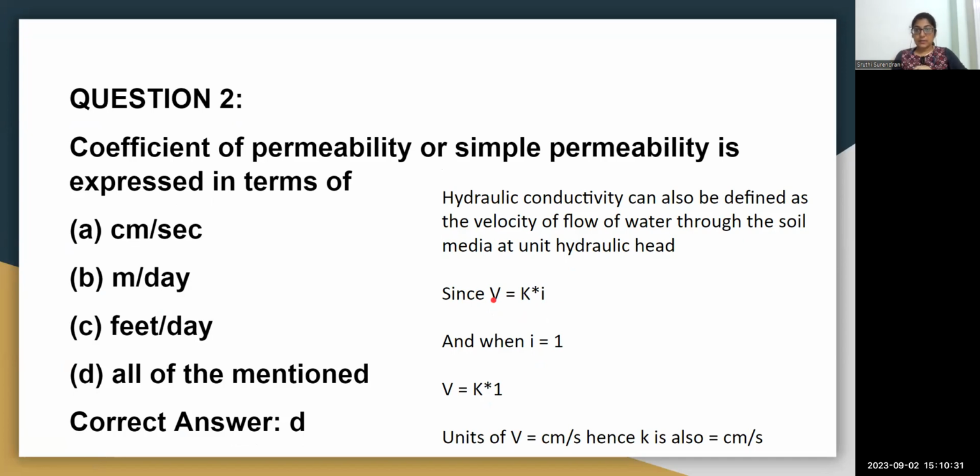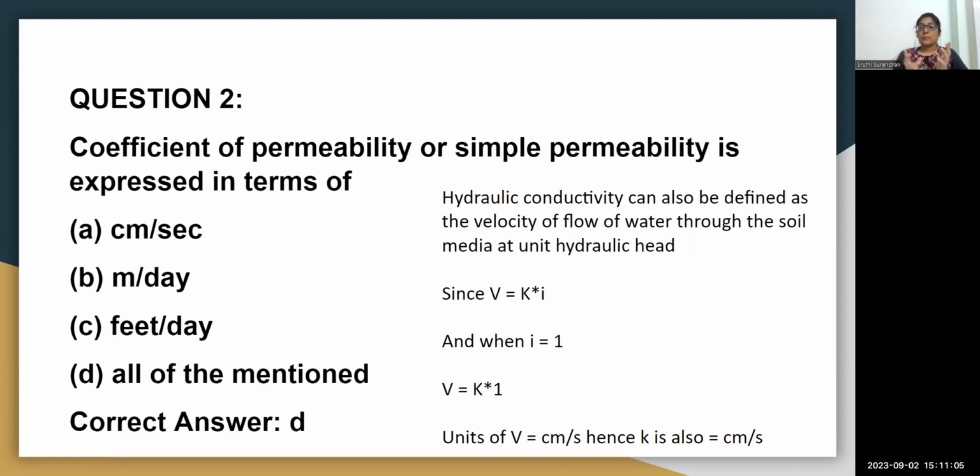Now at unit hydraulic gradient, this value becomes 1. So when this value becomes 1, V will be equal to K. That is, the velocity of flow of water will be equal to its hydraulic conductivity at unit hydraulic gradient. So since the unit of velocity is in terms of centimeter per second or meter per second or meter per day, we can say the unit for K is also in terms of the units of the velocity. So this is how it is getting the units of velocity.